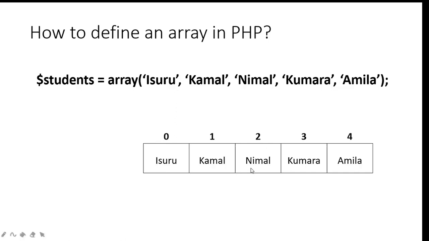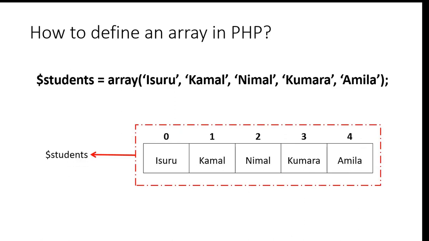If it is Nimal, the index is 2. If it is Amila, the index is 4. Likewise, you are going to have indexes for each and every value inside your array. This is called the $students variable. This is an array variable.